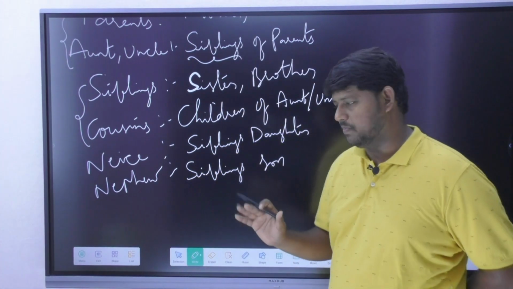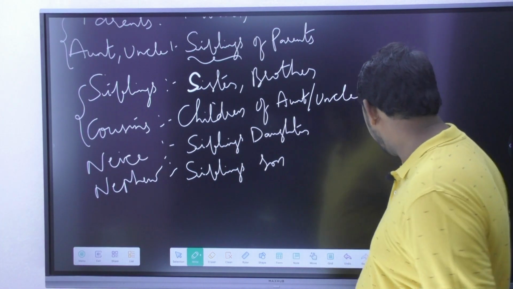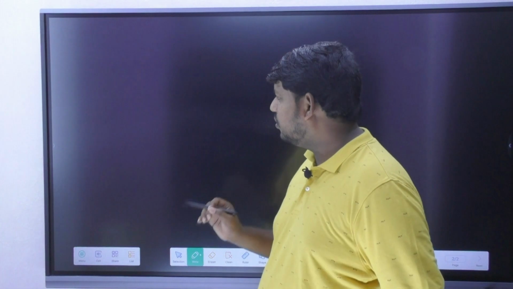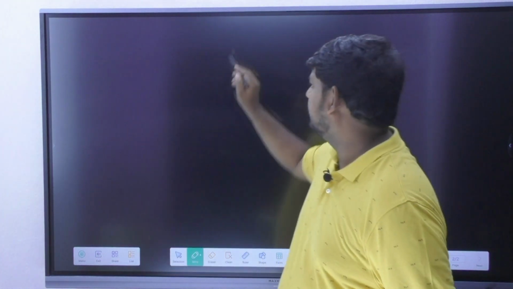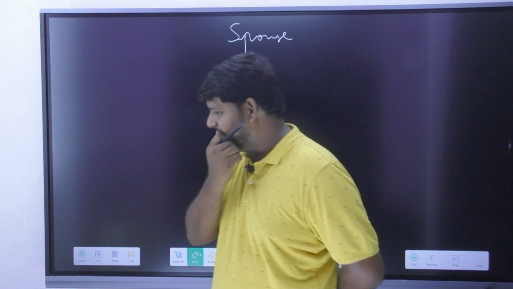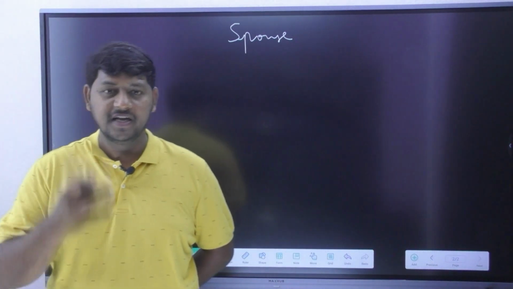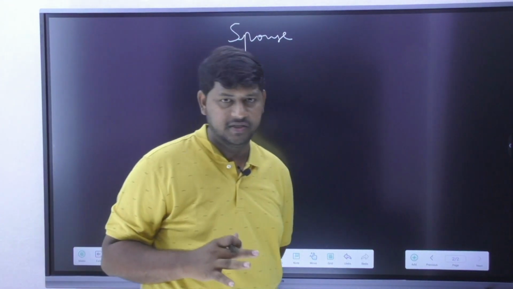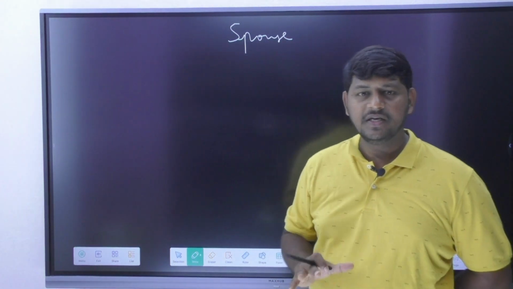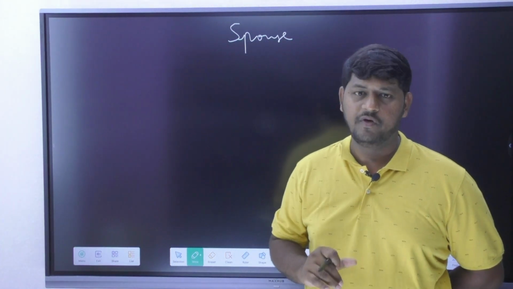Okay, please do remember. Now let us move forward to the next information. The most important, the most dangerous person on this planet is nothing but your spouse. Correct? Earlier we discussed the relations of our own blood, but now we are going to discuss the relations which occur to us through the system of marriage.